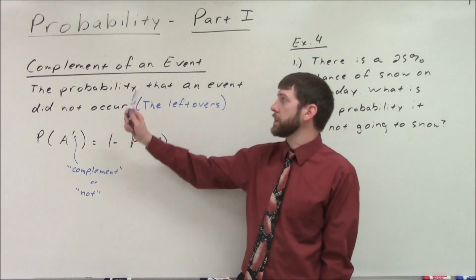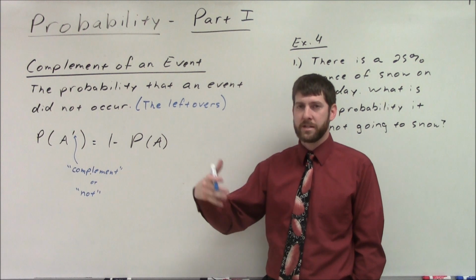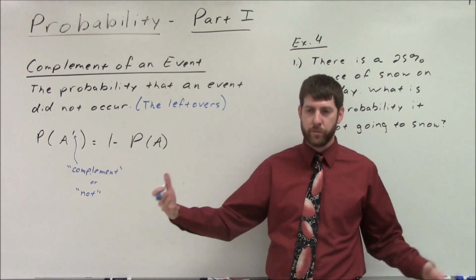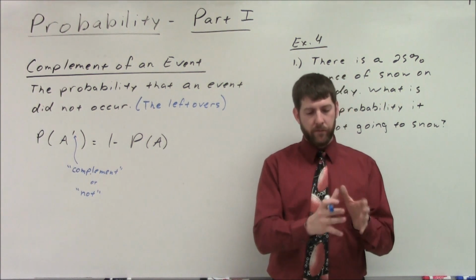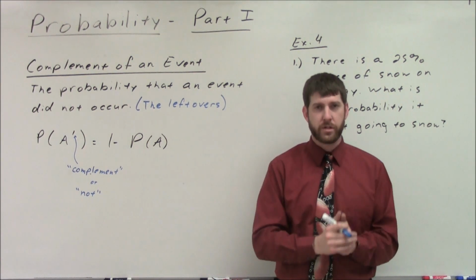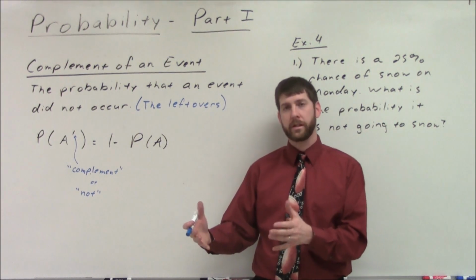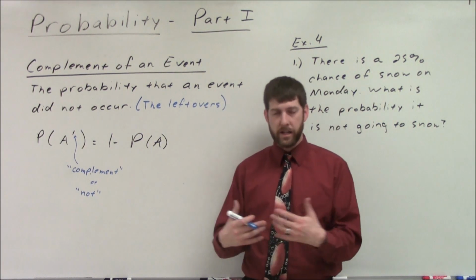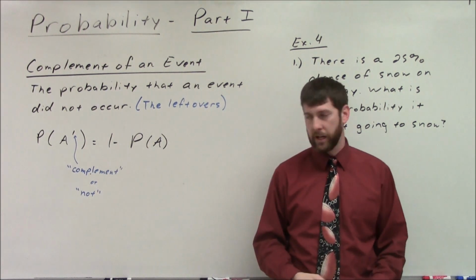So complement of an event is the probability that an event did not occur. Probability is based out of percentages. It's 100% probability that something is going to happen. So if the probability of an event occurring is some percentage, the probability that an event does not occur, its complement, is 100 minus the probability that it occurred. So that's where the 1 minus probability that it did occur.